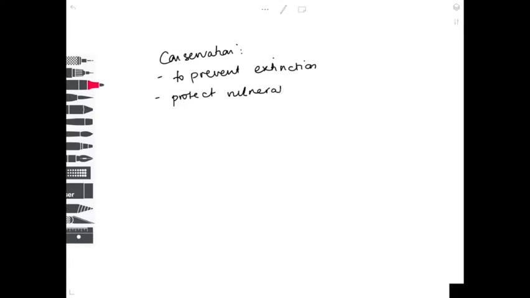So we're very interested in conservation programs. Why do we carry out conservation? It's pretty obvious. It's to prevent extinction of species. Like I said, not a difficult topic, just lots to learn. It's so that we can protect vulnerable environments, so our ecosystems are maintained.